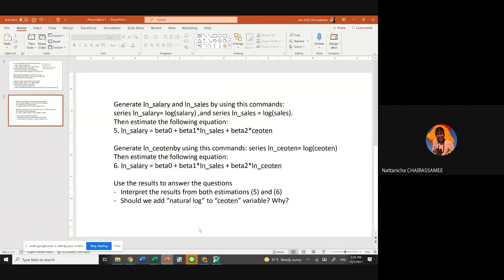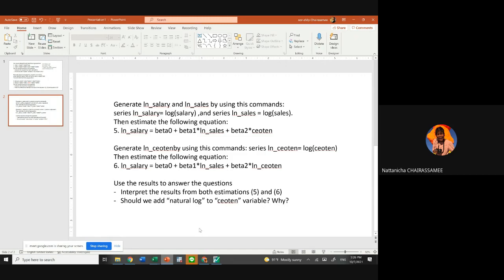For example, at the beginning, if we have 177 observations, once you take a natural log of your CEO tenure variable, your observations will decrease from 177 to 172. It means that you already limit some of the observations. CEO tenure here means how long this individual has been working as CEO.